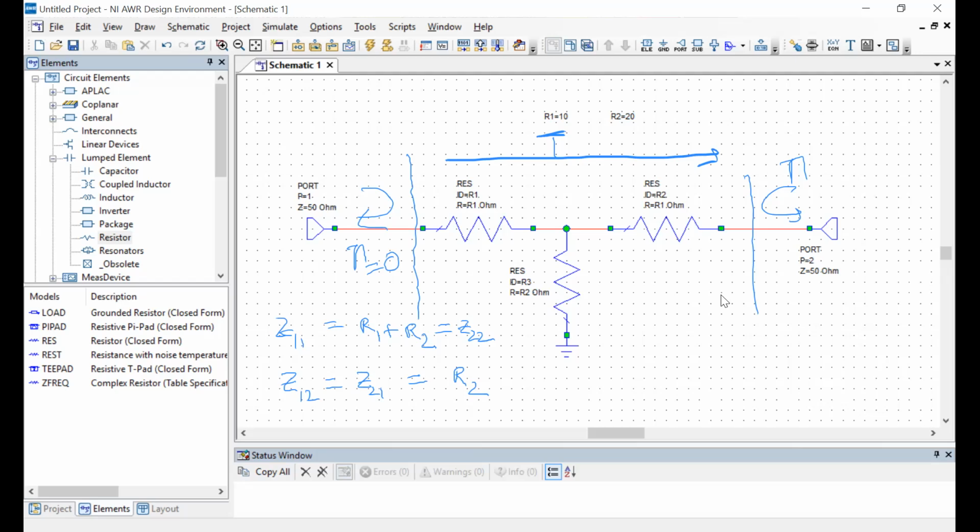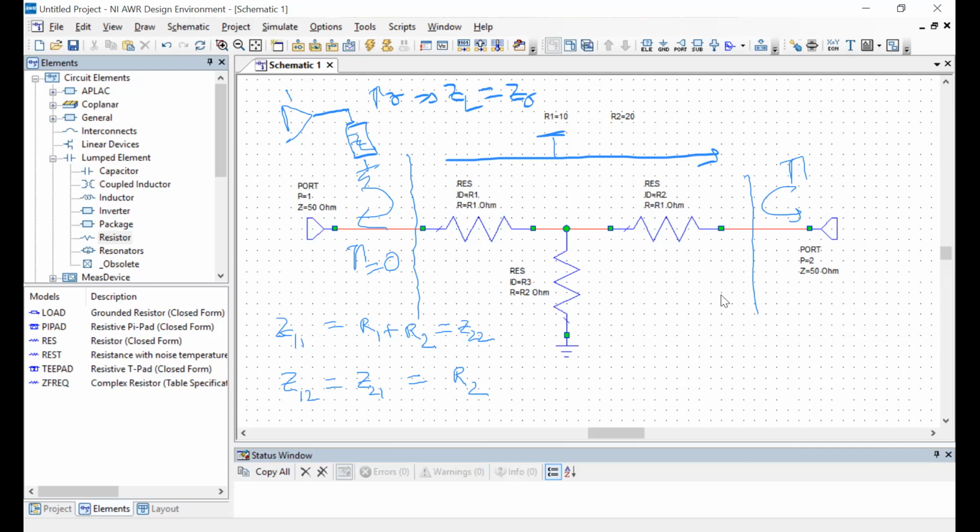Gamma equal to 0 for a 50 ohm port already means that the effective, so this is port 1, and this whole thing can be replaced by some Z load, right? And gamma equal to 0 implies that Z load is equal to Z0, which in this case means 50 ohms. Okay, so that gives a very easy condition to write down.